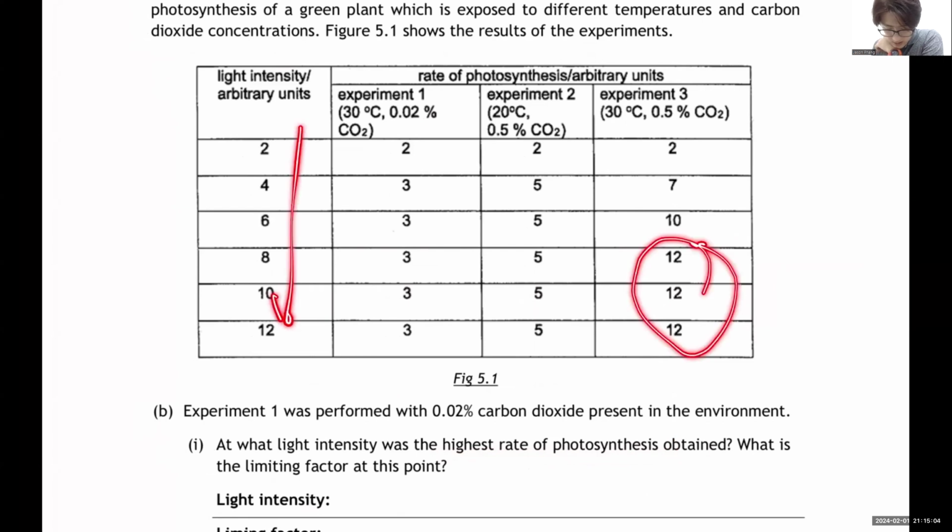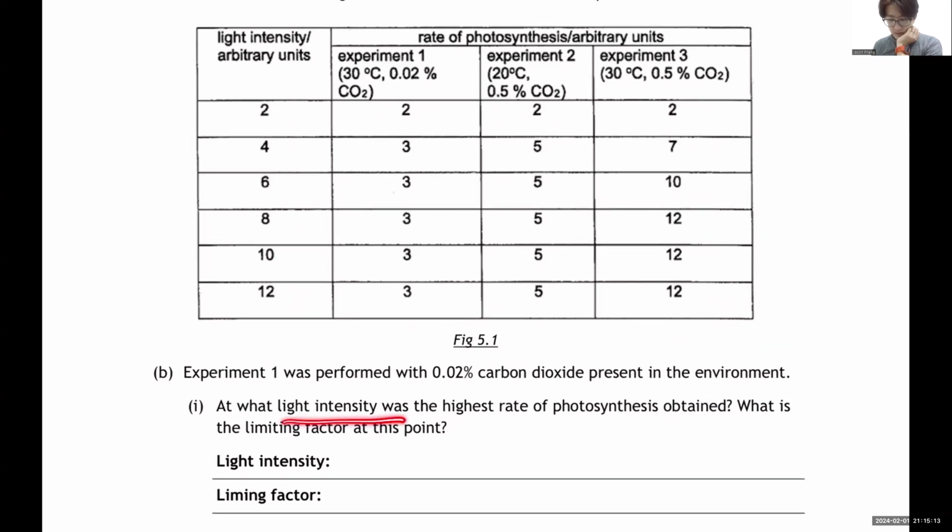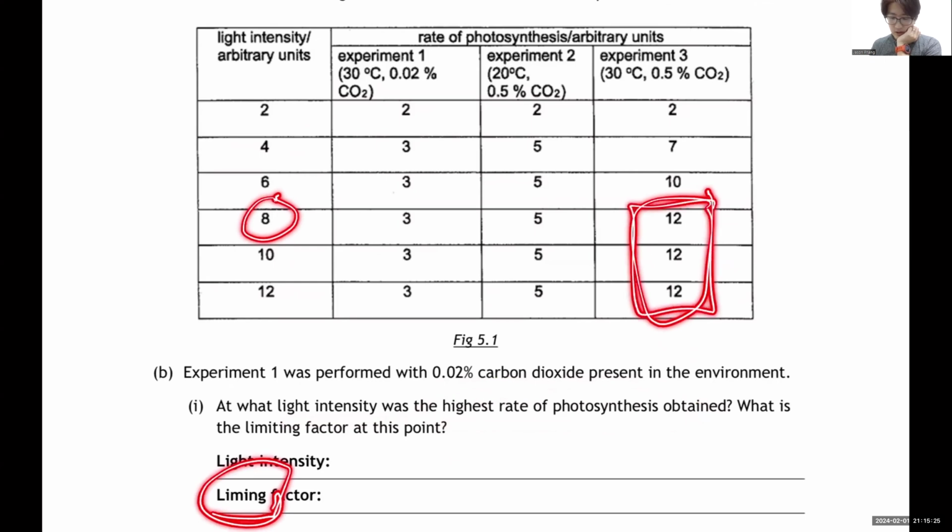Is it going to be light intensity? And at what light intensity was the highest rate of photosynthesis obtained? It's going to be 8 arbitrary units. Oh, sorry, typo. Limiting, huh? So if light intensity is no longer limiting, what else could be limiting the rate of photosynthesis?